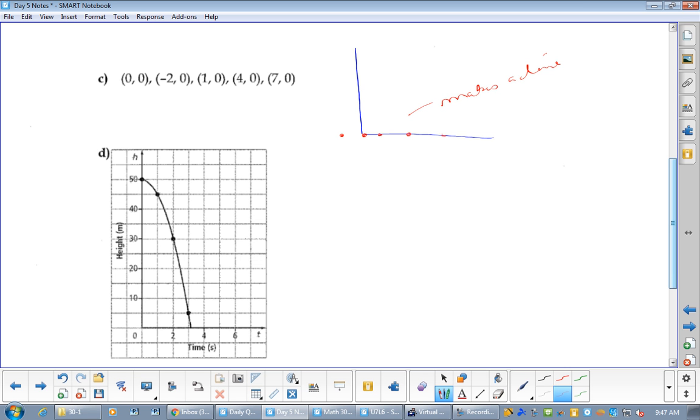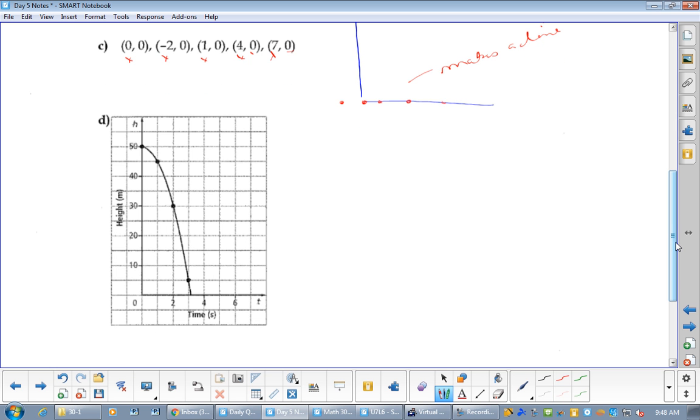Y is always the second one. Here's y of 0, and this is x. So it makes a line, so I would say it's linear. What kind of line is it? Horizontal, right?